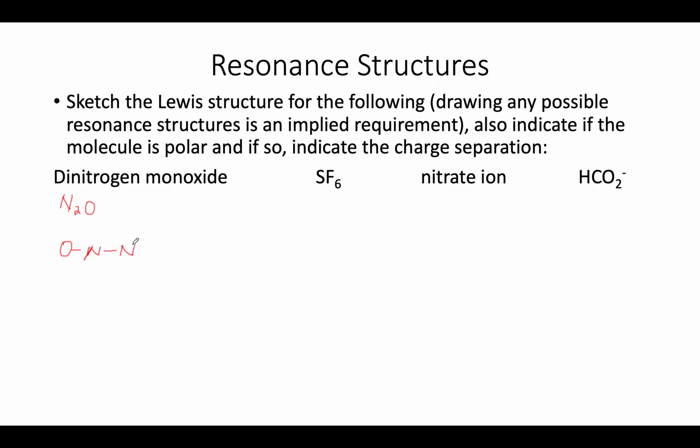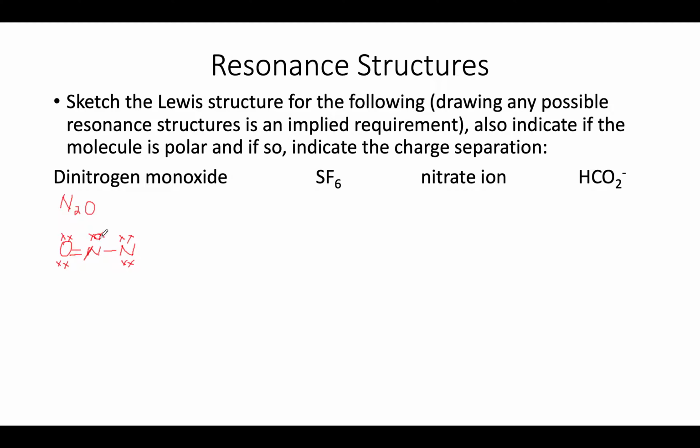So that's 5, 10, 16 valence electrons less 4 for bonding is 12. So 1, 2, 3, 4, 5, 6, 7, 8, 9, 10, 12.